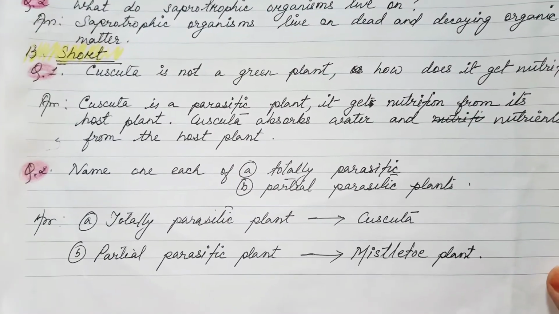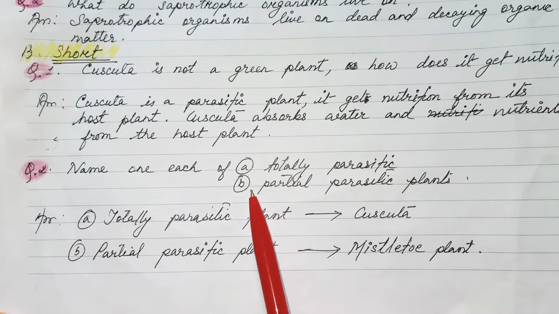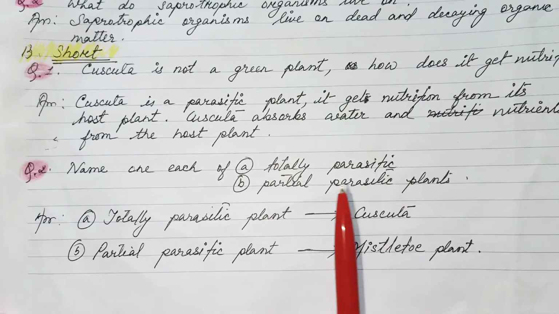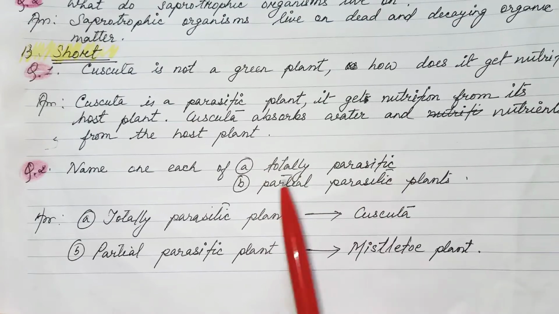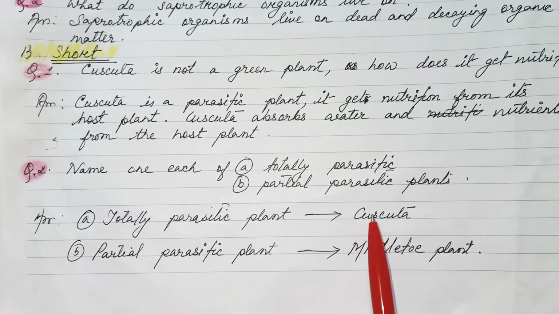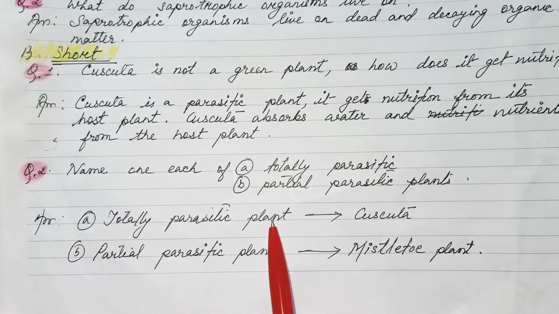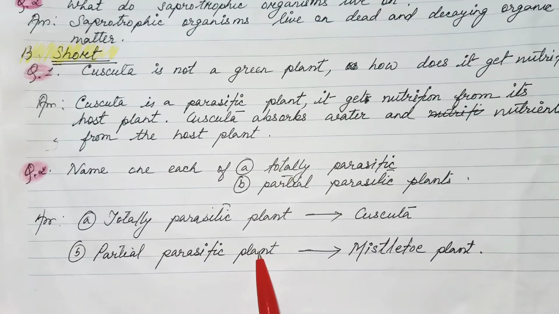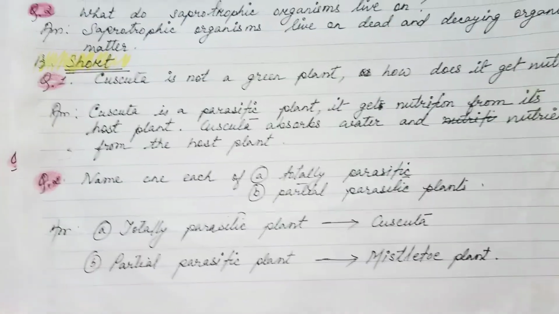In question number 2, they are asking: name one each of A, totally parasitic, and B, partial parasitic plant. So the answer for totally parasitic plant is Cuscuta, and for B, partial parasitic plant, Mistletoe.